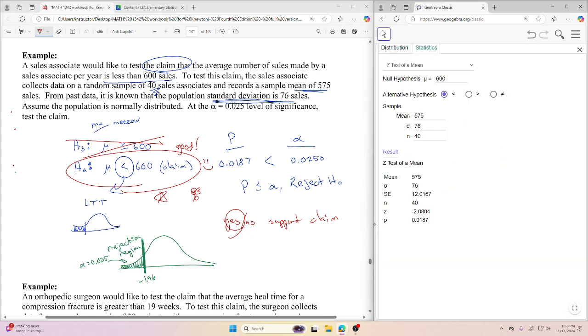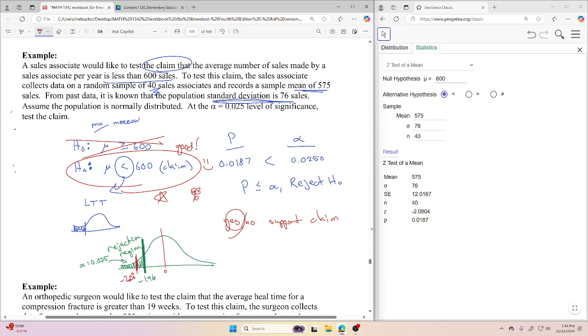Now I go back to my numbers. I did my numbers and I found negative 2.08. That's my z-score. If I put this on a number line, like this being 0 right here, my negative 2.08 would be somewhere right there. Now I'm going to ask, is that inside of the rejection region? Yes. He's in this bad zone, the rejection region.